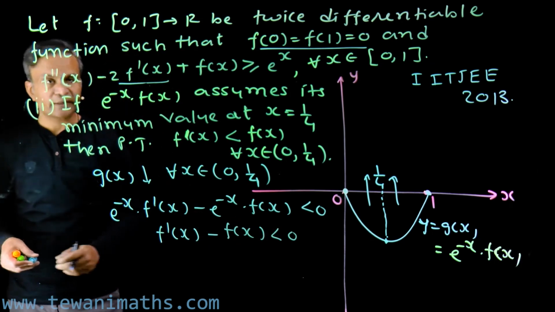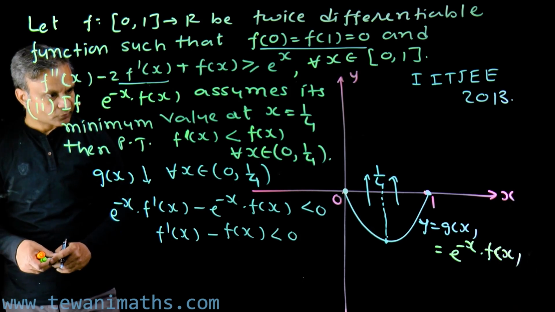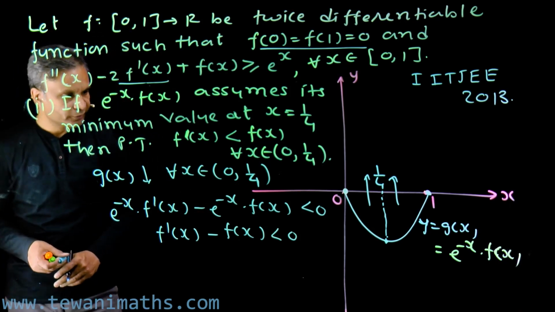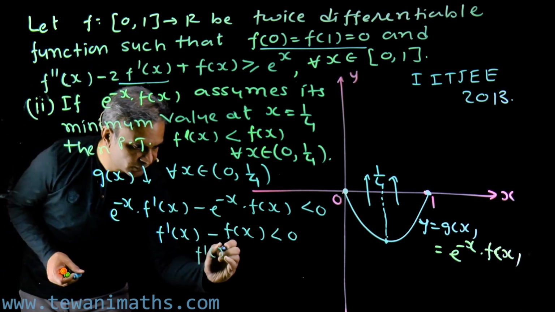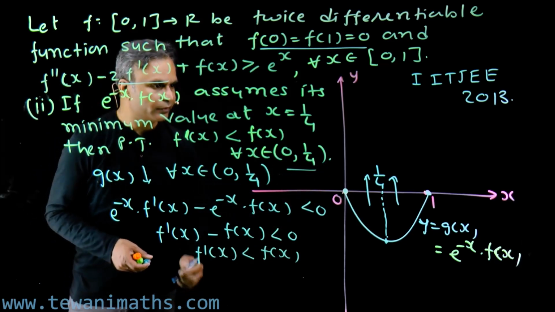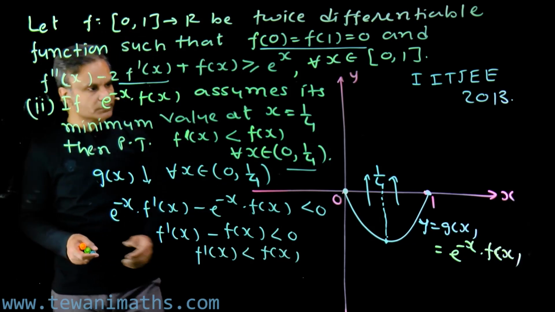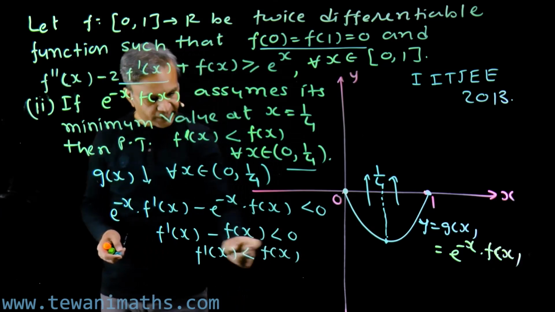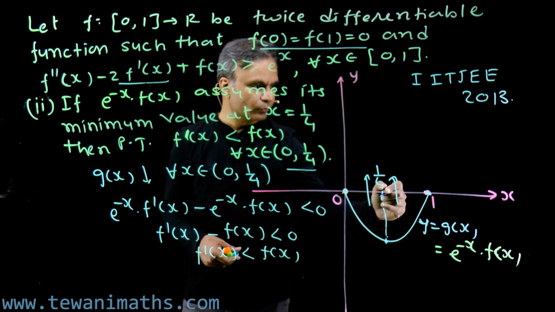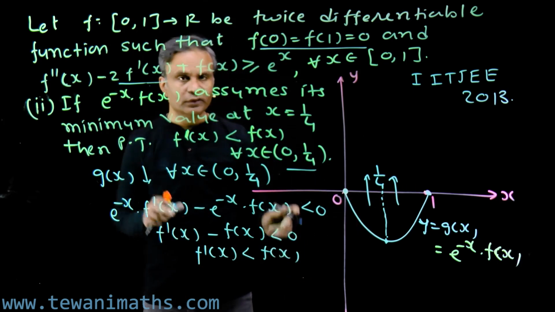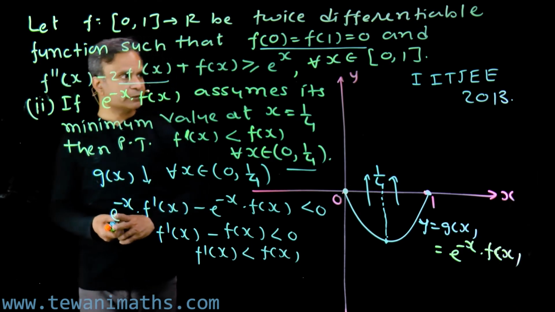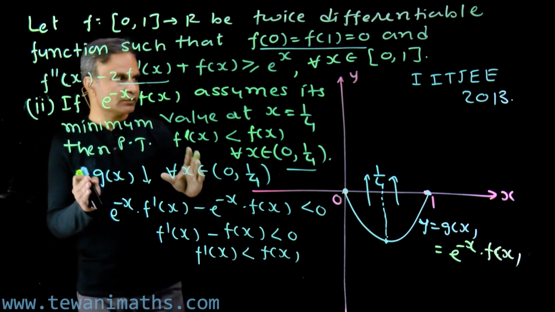We can cancel out e power minus x from both sides because it is positive, so there will be no change in the sign of the inequality. So we get f dash x less than fx for all x belongs to the open interval 0 to 1/4. इस रीजन में f dash x less than fx होगा, and in this region for x belongs to 1/4 to 1, f dash x will be more than fx. तो एक बहुत ही अच्छा क्वेश्चन है इस कॉन्सेप्ट से जेई एग्जाम में.